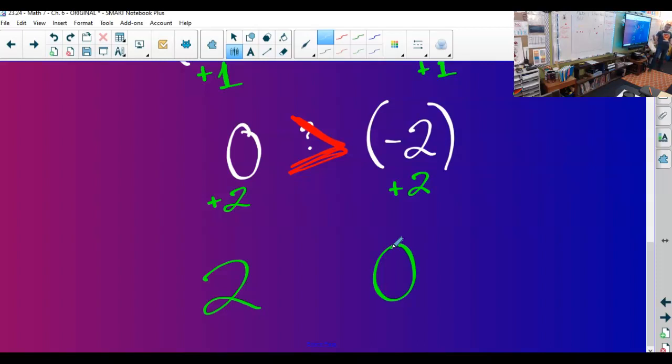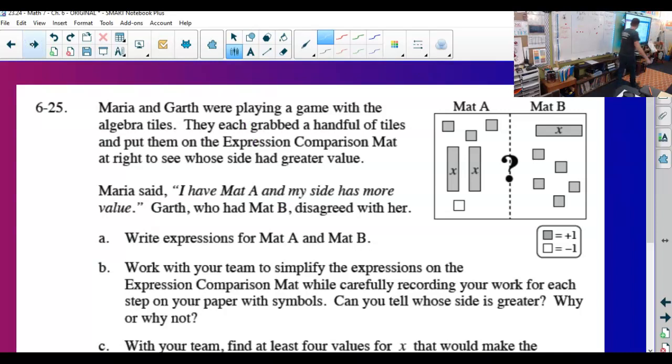Right? You can do anything, and that side's still going to be 2 bigger than that side. 1 and -1 are still 2 apart from each other, right? So you got the same thing. Guys, there's a lot of right ways to do this. You could add 400 on both sides. I don't know if it's all that practical, but you could.